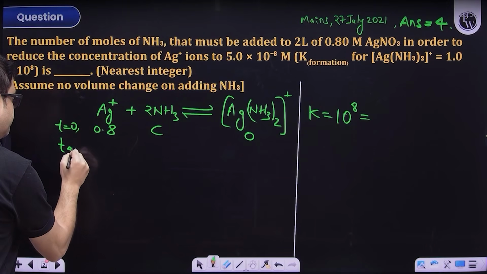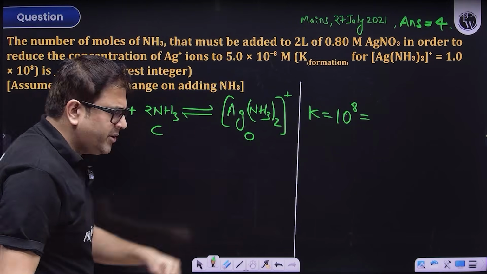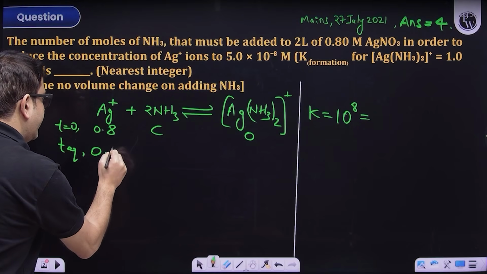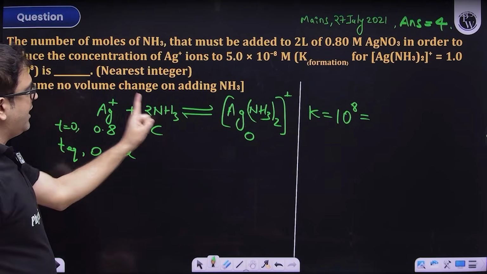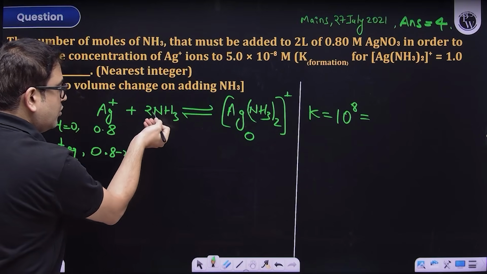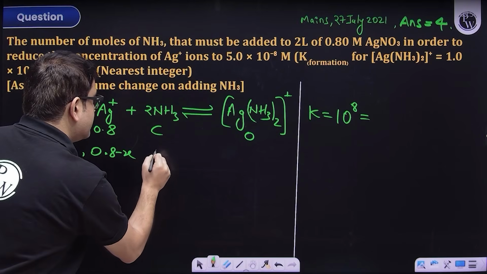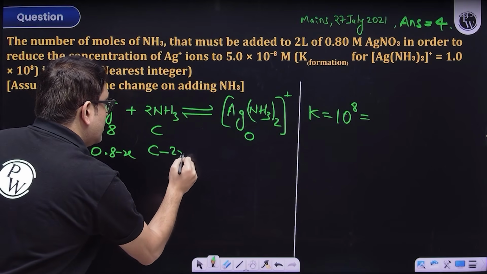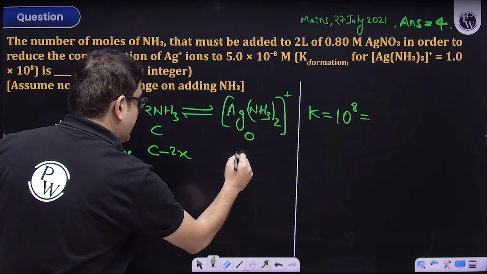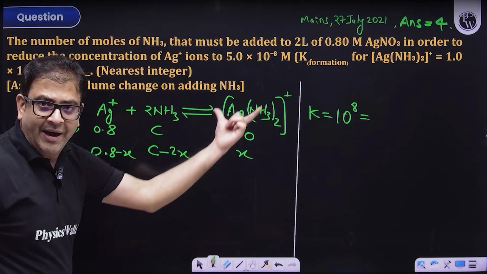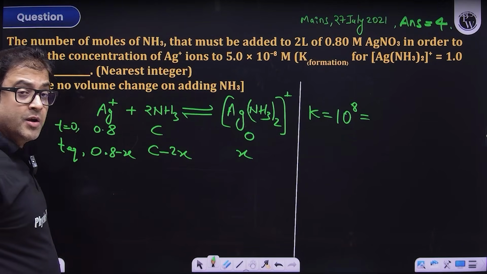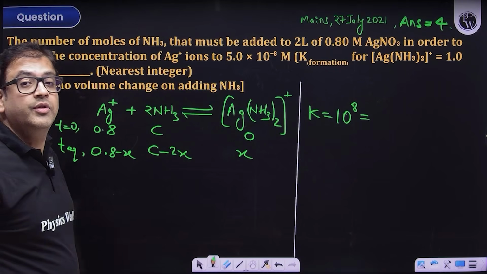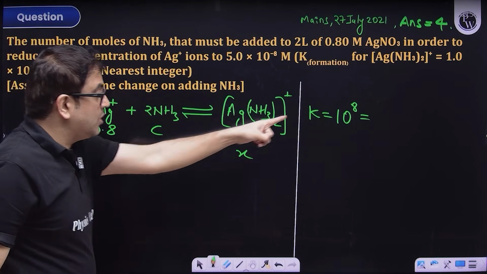At equilibrium, sir, do the stoichiometry. 0.8 minus X. If one reacts, then 2 moles of this will be reacting. So this is C minus 2X and X will be formed. Now I'm writing that equation over there. Yes, sir, the value of K is much larger.